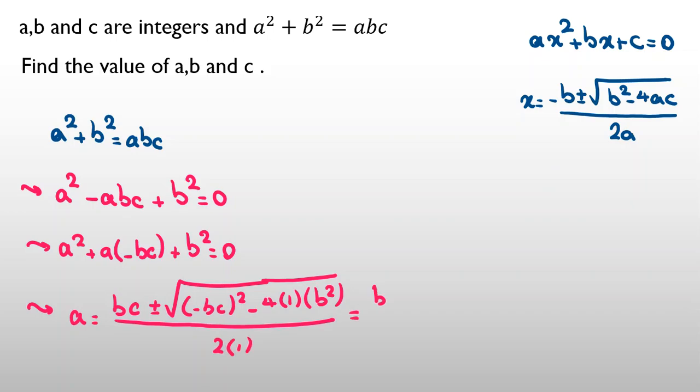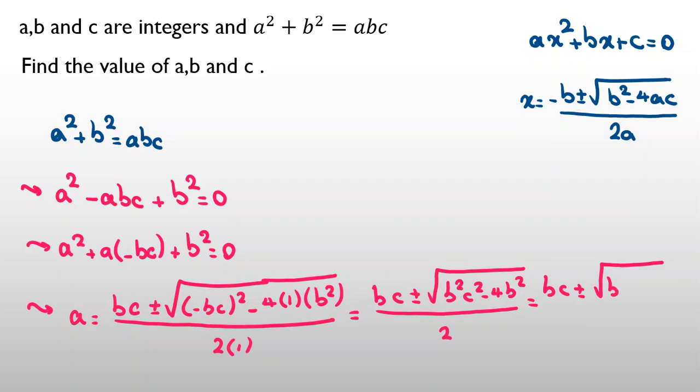If we simplify, it will be bc plus or minus the square root of b squared c squared minus 4b squared, all over 2. Now, because a, b, c are integers and a is equal to this, the part inside the square root should be a perfect square.